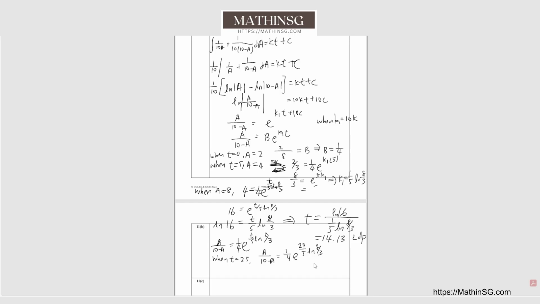The easiest way is to type this whole thing into the calculator. So I have e to the power of 24 over 5 times ln 8 over 3, times 1/4, which is around 27.707. So basically do a cross multiplication. So let me just erase this.